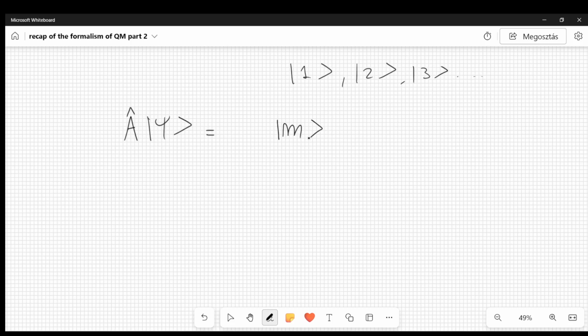And then when we take the inner product between two states, let's say N and M, we get the Kronecker delta NM because the states are orthonormal.